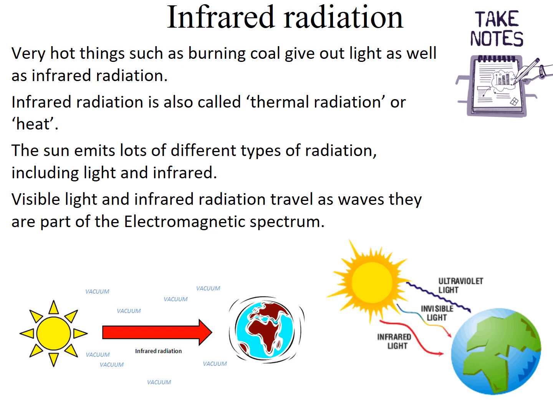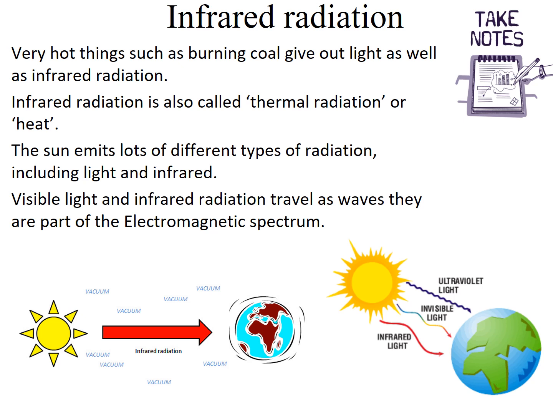So many objects which emit thermal radiation will also emit light. They glow. For example, the sun or coal, and how hot it is determines the colour that it glows. So infrared radiation is also called thermal radiation, and it's also known as heat.